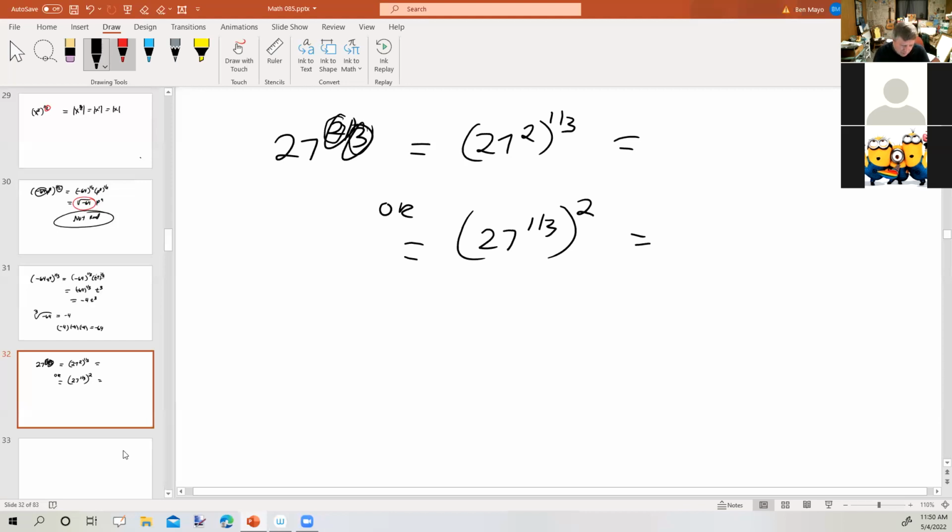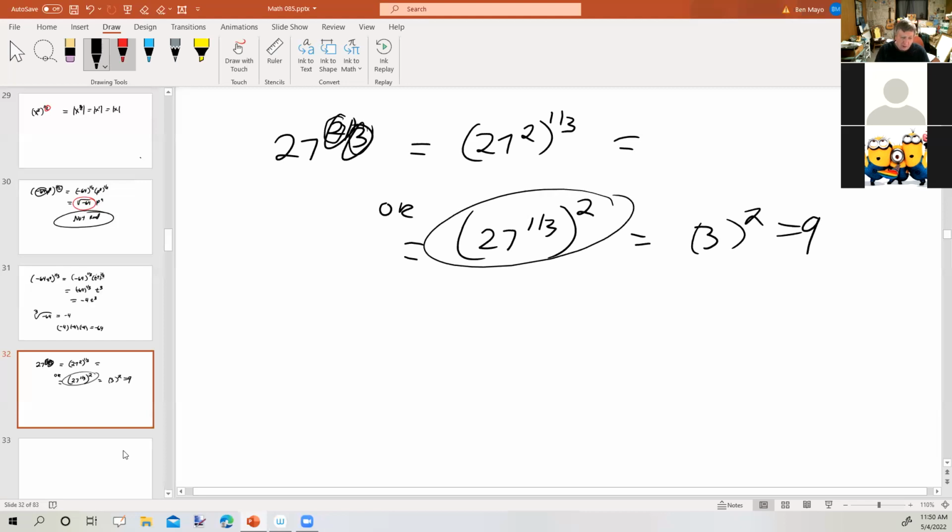Now, since I can do these either way, which one's easier? Well, let's say I want to do it in my head. 27 squared, no idea. I could calculate it out, but probably not in my head. I'd get this humongous answer, and then I'd have to take the cube root of that. But if I do the bottom one, 27 to the 1/3 power, the cube root of 27 is 3, and then 3 squared is 9. So given a choice, I would go the bottom route.